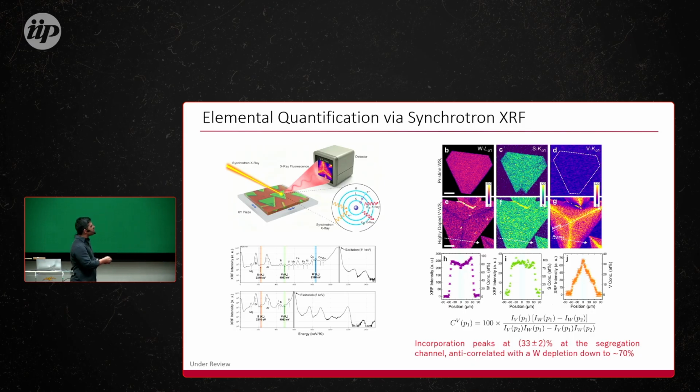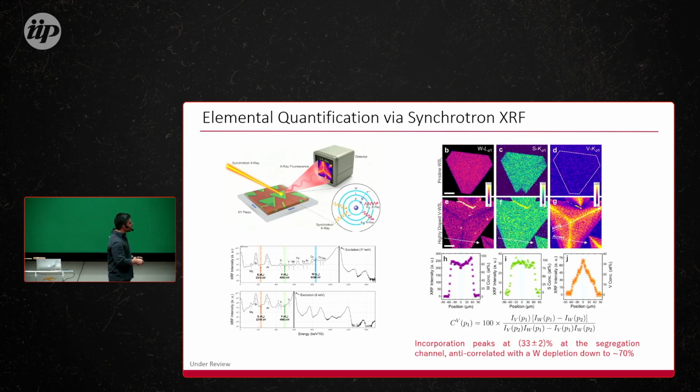If I'm not wrong, the sample is about 4% of WS2 that we named before. However, we can see that there is a very high concentration of vanadium. So we are, for the first time, demonstrating the real way to quantify how much vanadium we actually introduce into the sample. Okay, so the incorporation peaks at 33%.